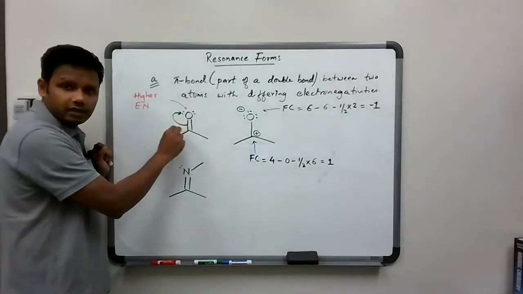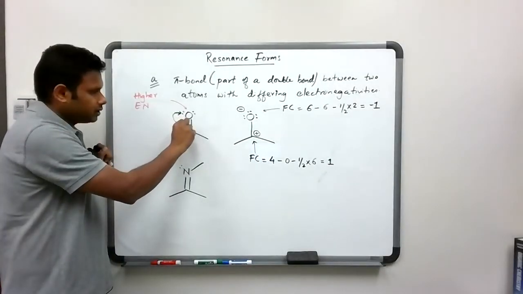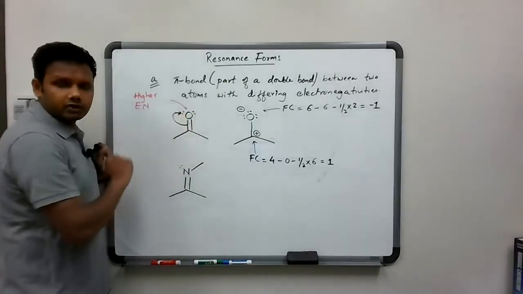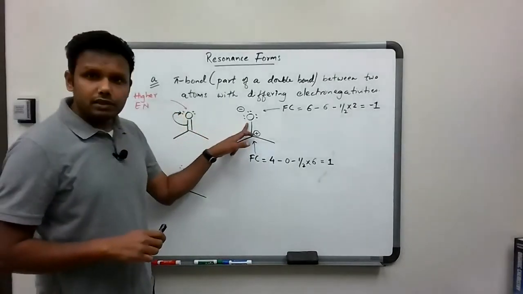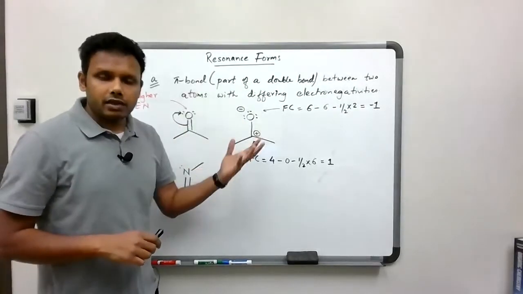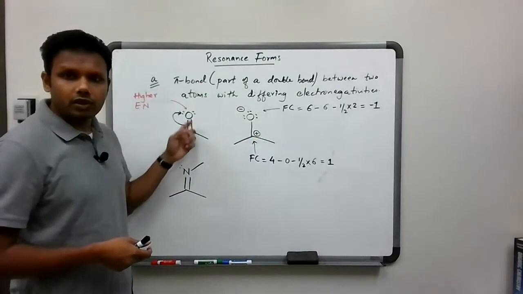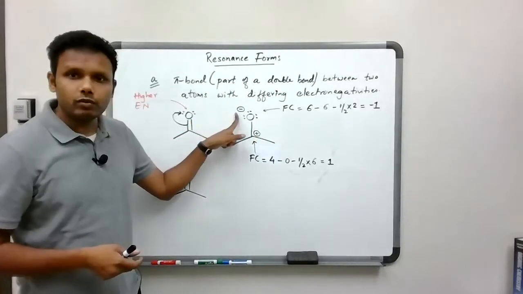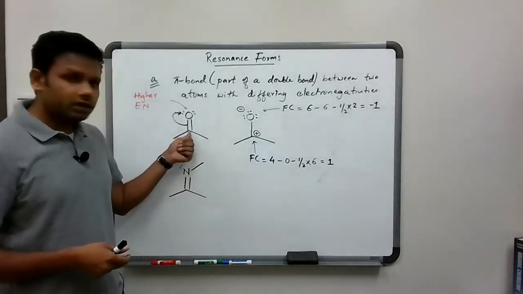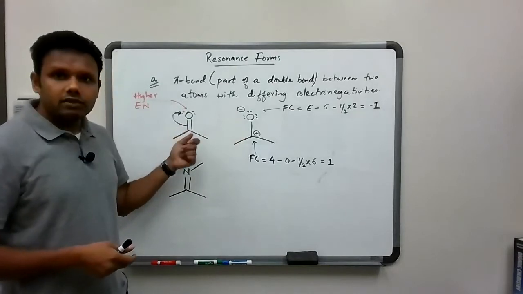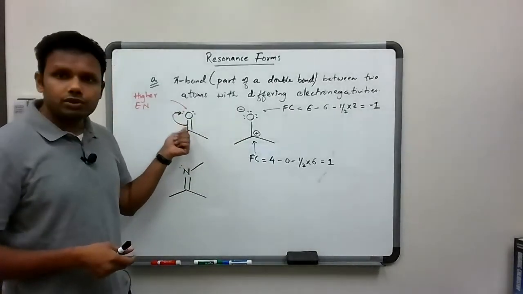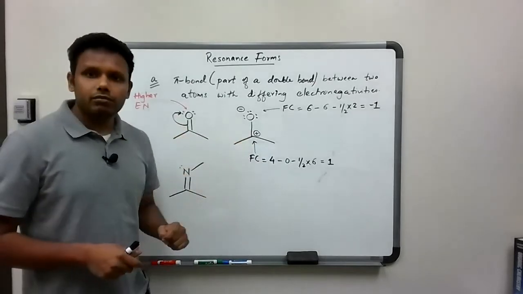So when we take the pair of electrons here and put it on the oxygen atom, oxygen now has an extra, an additional electron, because it got the electron that was contributed by the carbon atom. So it will have a 1 negative charge. Similarly, carbon lost the electron that it contributed towards that bond, so it will have a positive charge.